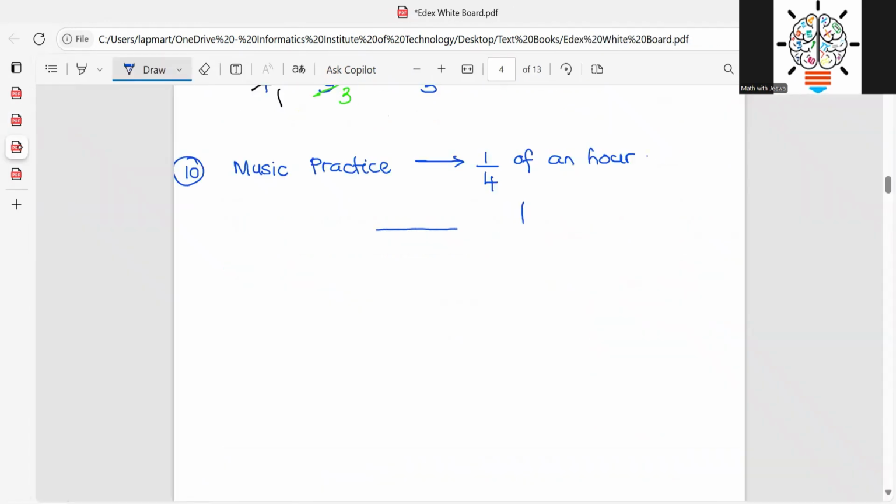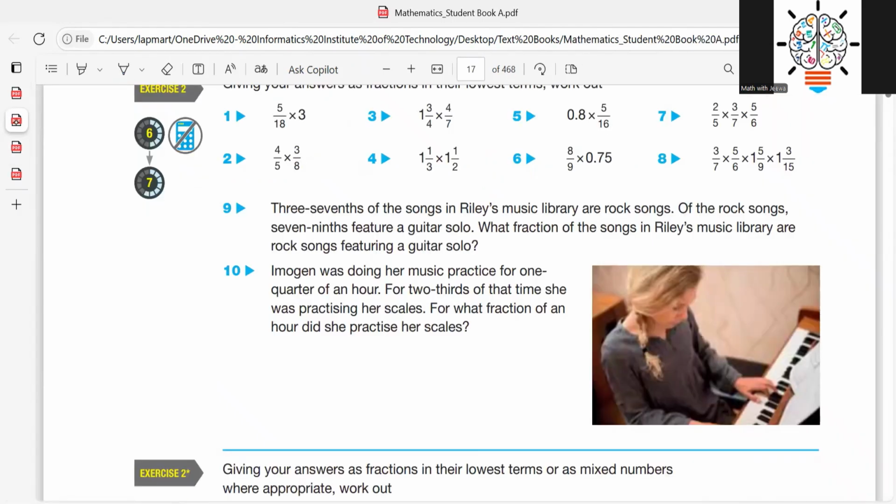Out of this, you want to get 2/3. Practice her scales, right? So what they ask in the question, what fraction of an hour did she practice her scales?